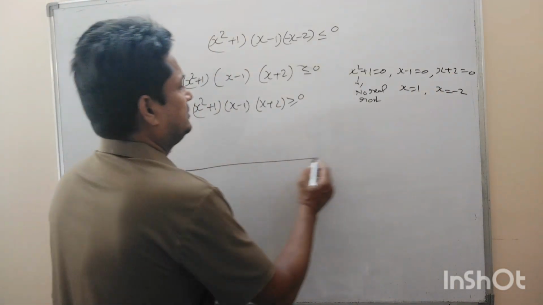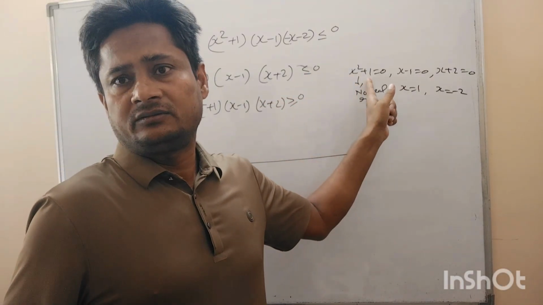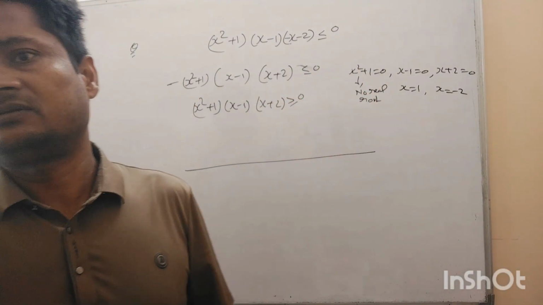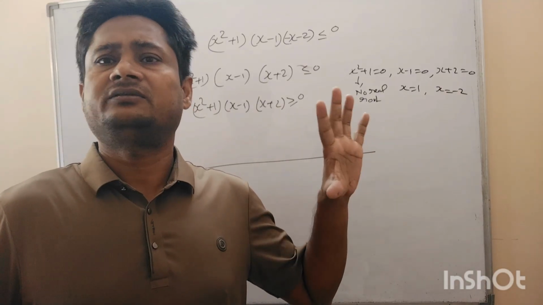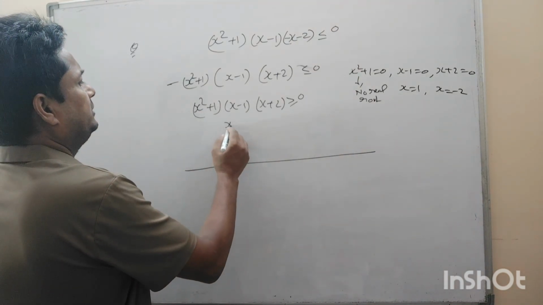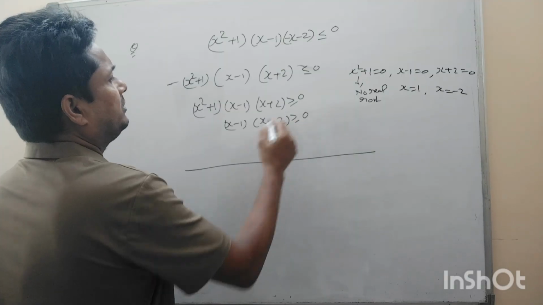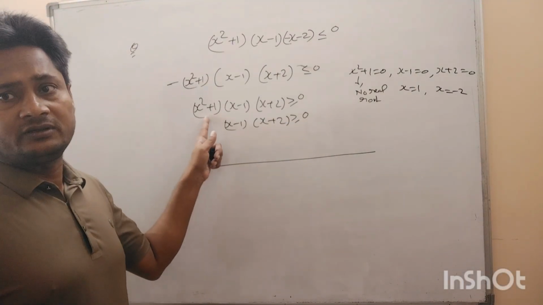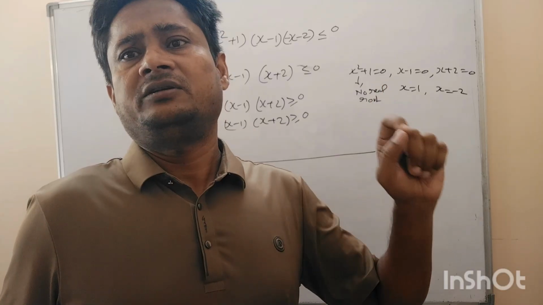So x square plus 1 is not giving real roots, so we can leave this expression. We can write: x minus 1 into x plus 2 greater than or equal to 0. We can leave the expression which is giving non-real roots.